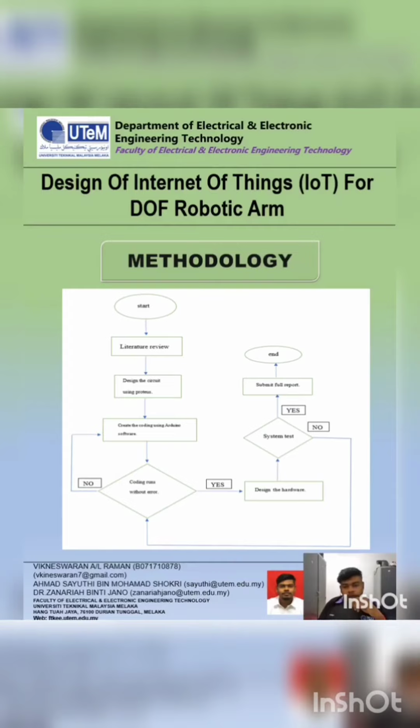Once the coding is okay, we proceed with the hardware design. Once the hardware design is okay, we proceed to system test. Once the system test is okay we go to the full report. If the system test fails, we return to the coding section to try to run it without any errors.